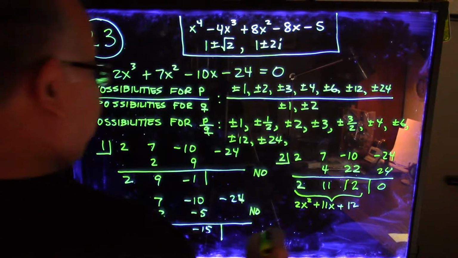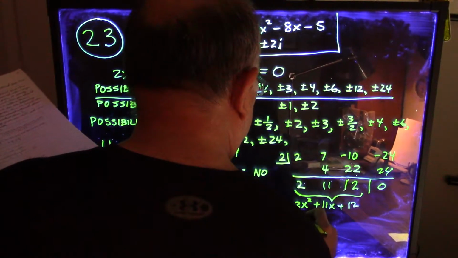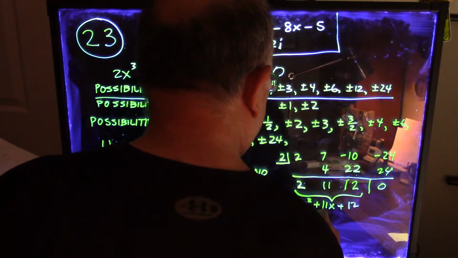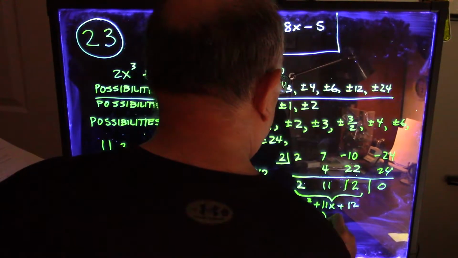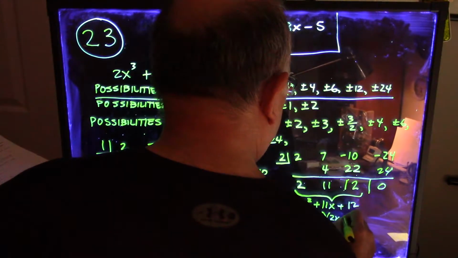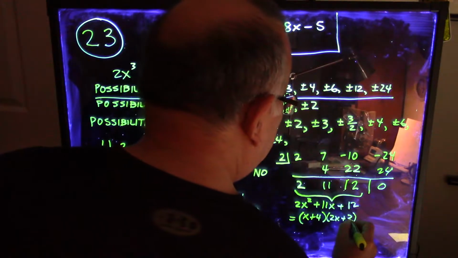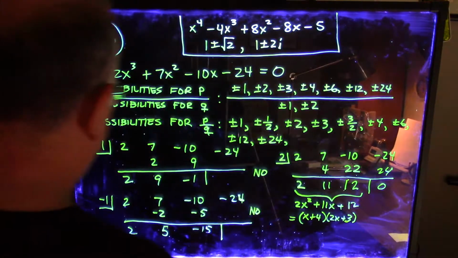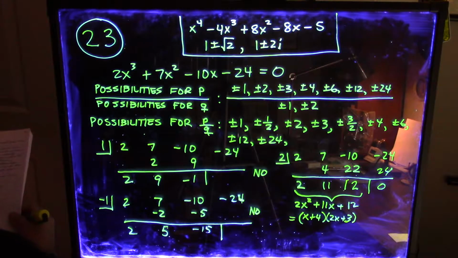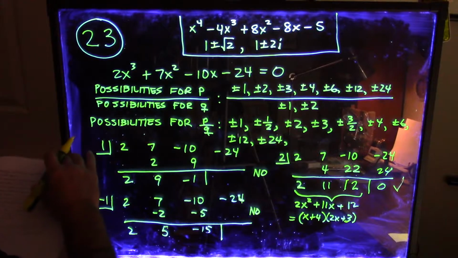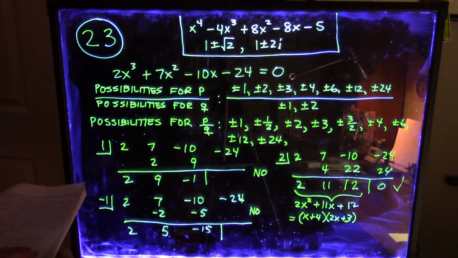And this can be factored: x plus 4, 2x plus 3. All right. So, again, this one works. I'll put a check mark by it.